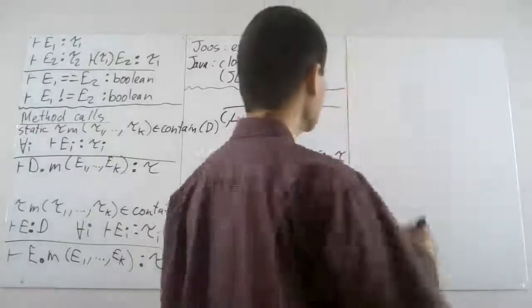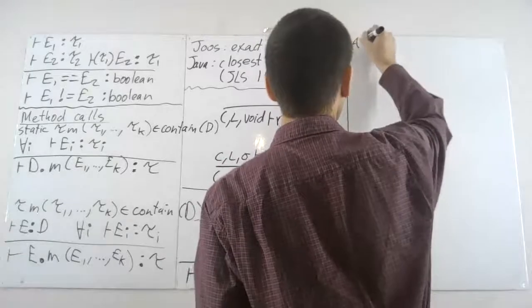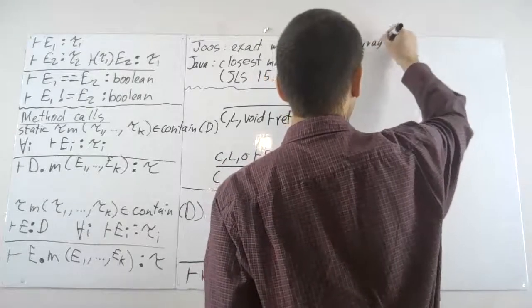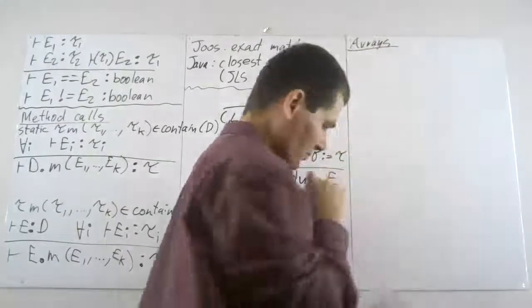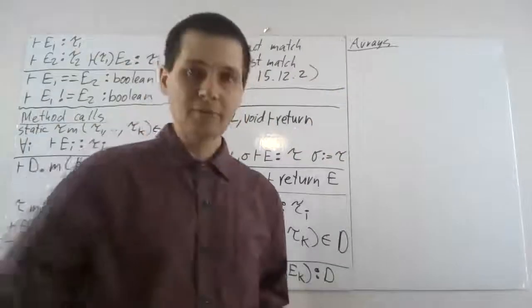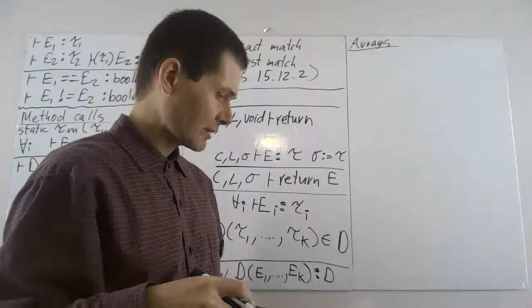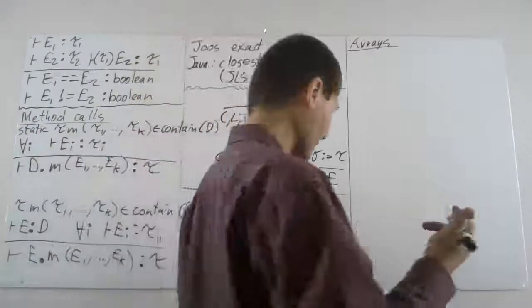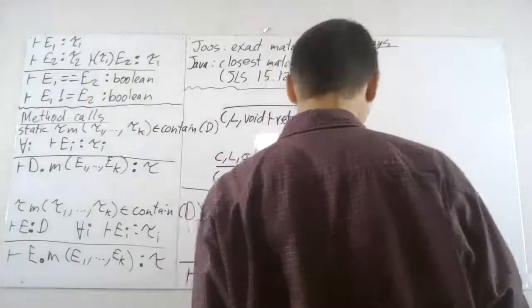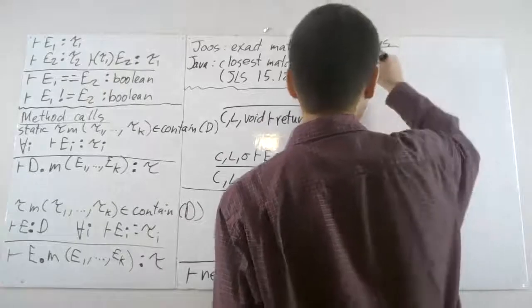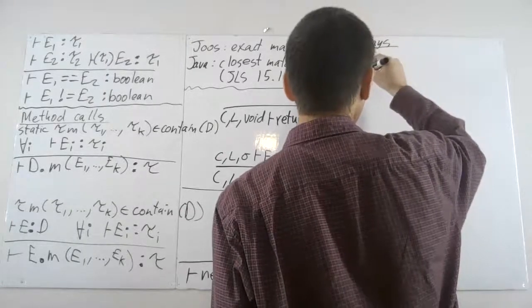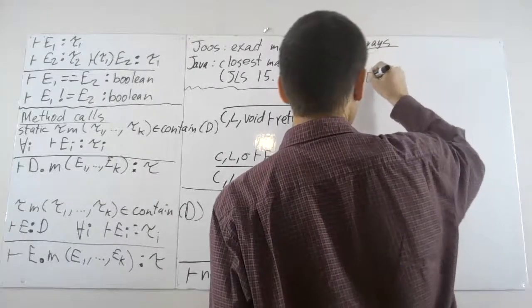Okay, so the basic rules for reading and writing from an array start out a little bit like field reads and field writes. So what does an array read look like?